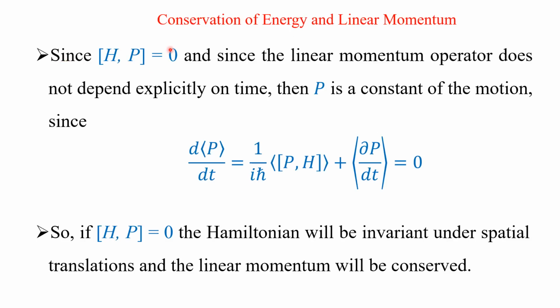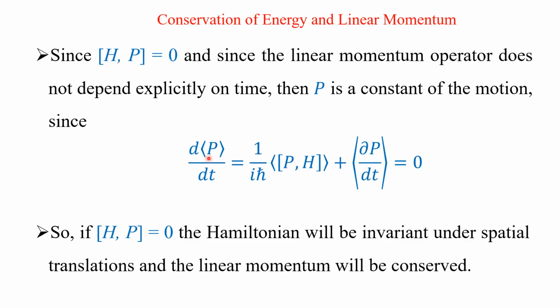Since H and P commute and the linear momentum operator does not depend explicitly on time, then P is a constant of motion, because according to the Heisenberg relation, the time derivative of the expectation value of an operator is equal to 1 over i h cross times the expectation value of the commutation of that particular operator with the Hamiltonian H, plus the expectation value of the partial derivative of that operator with respect to time.